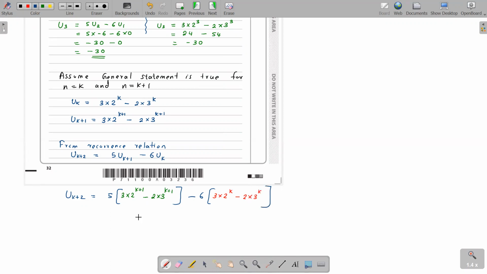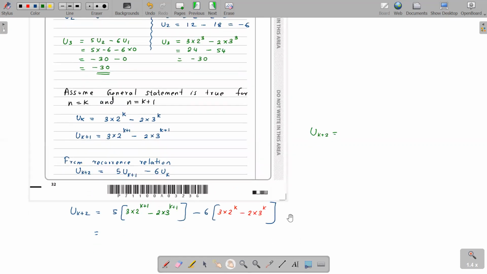And by the way, before we try to blindly simplify, it's better that we have an idea of what we need to get, right? That means we need to get the k plus 2 term from the general statement, because we need to check whether the recurrence relation k plus 2 term and the general statement k plus 2 term are the same.